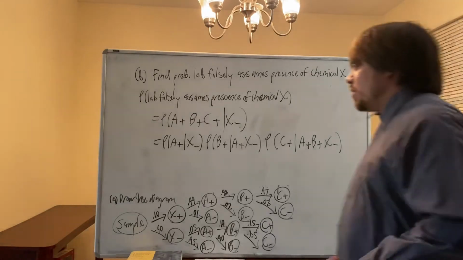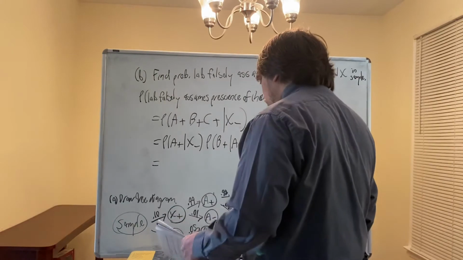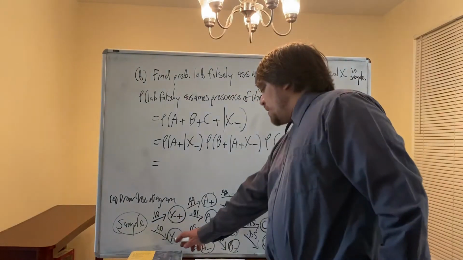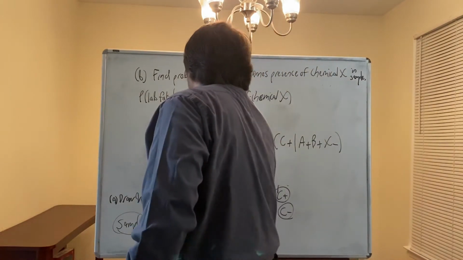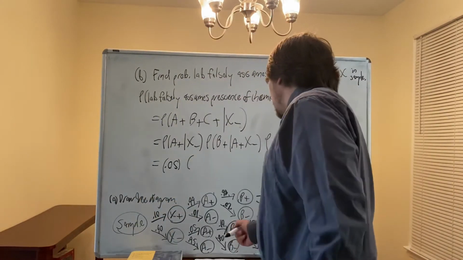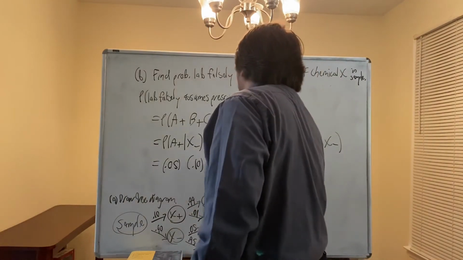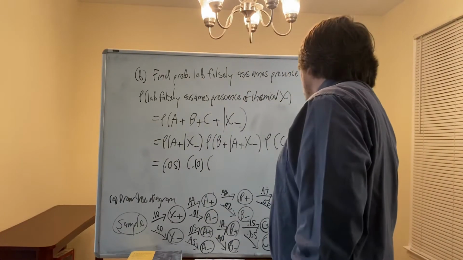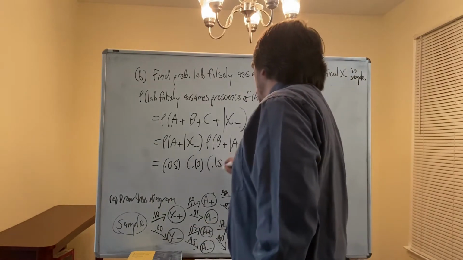Okay, and so the probability of A plus given X minus: given X minus, what is the probability the test comes back positive? 0.05, times the probability of B plus given A plus and X minus, that's 0.10, and then times the probability of C plus given A and B came back positive and X came back negative, that's 0.15.